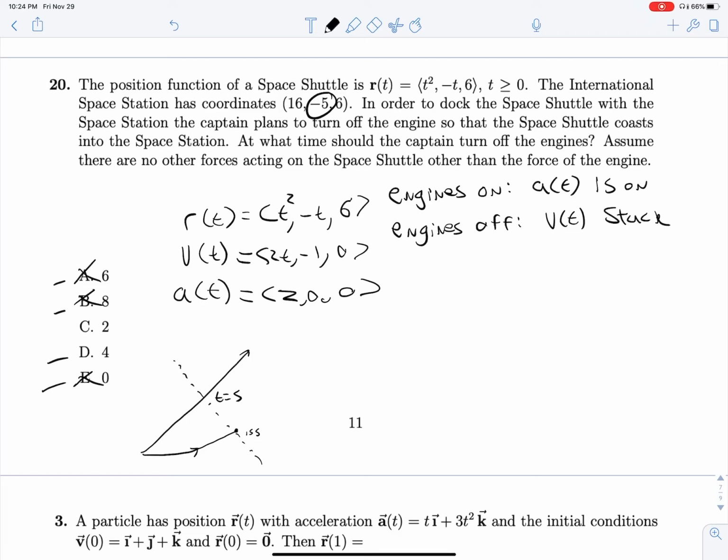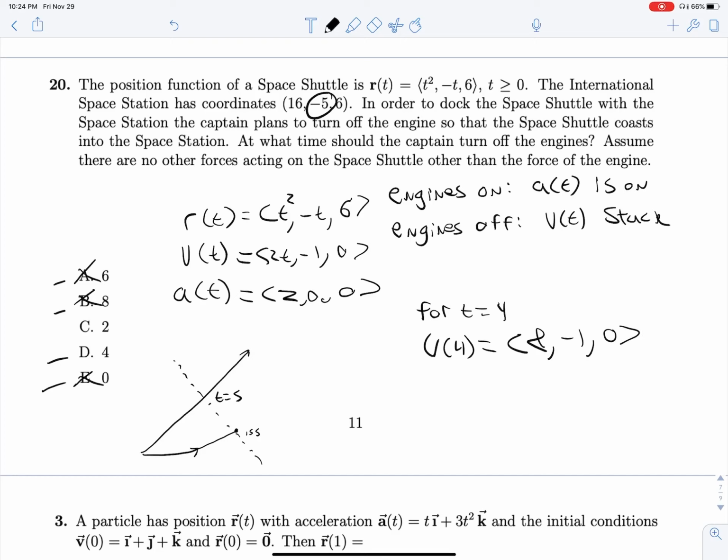What about t equals 4? Because these are our real two candidates for a correct answer, we're actually going to write stuff down for it. For t equals 4, v of 4 would be 8, -1, 0.